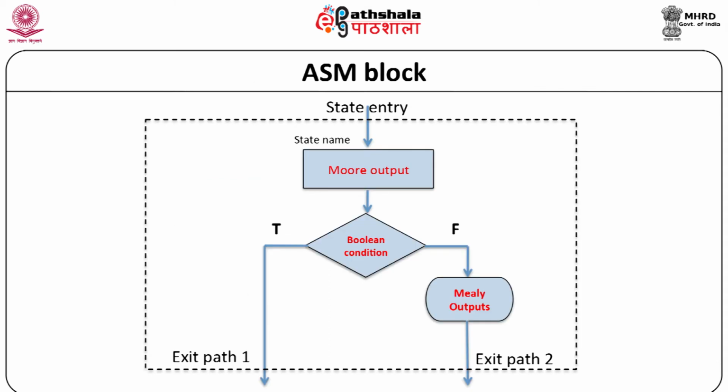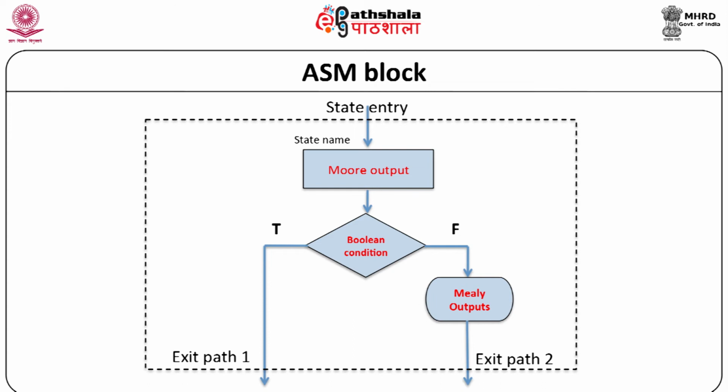Let us talk about the ASM block. An algorithm state machine chart can be constructed from one or more interconnected ASM blocks. Let us now understand what an ASM block is. An ASM block consists of a state symbol, decision symbol and conditional outputs associated with that state.